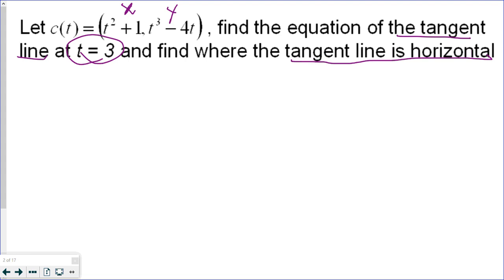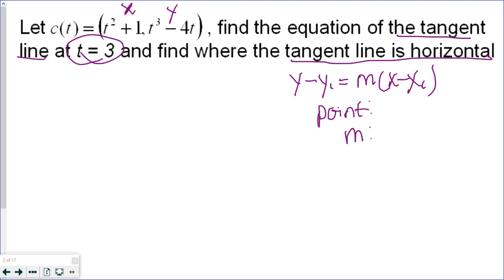We have seen this question many times before. Tangent line, we know what that means. This is in the form y minus y1 equals m times x minus x1. If I'm asked to find a tangent line, all you need is a point and a slope, and that's it.